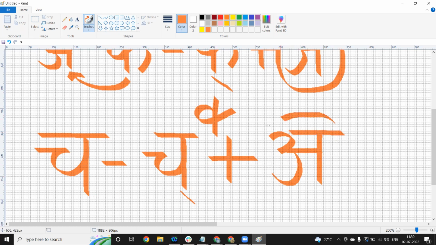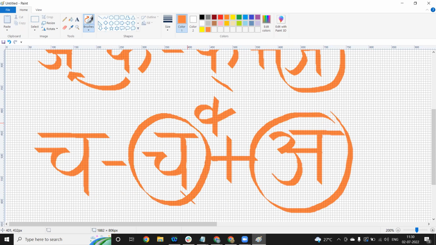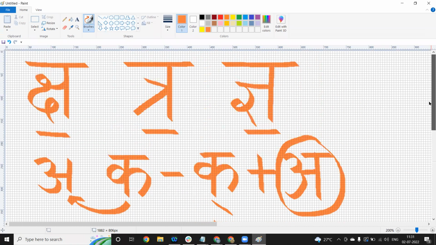And if I remove the a part from here, the only sound we are left with is ch, and we denote it like this in Devanagari lipi. This half cha means ch and not cha. So this is the concept of half letters, which many of you must be knowing. When we are dealing with these Sanyukta Akshar, that is where these half sounds are taken into consideration.